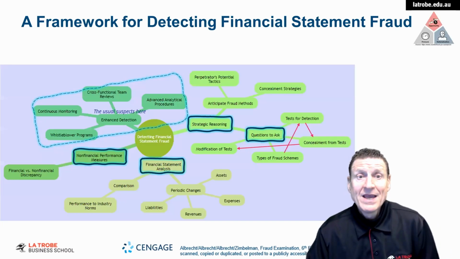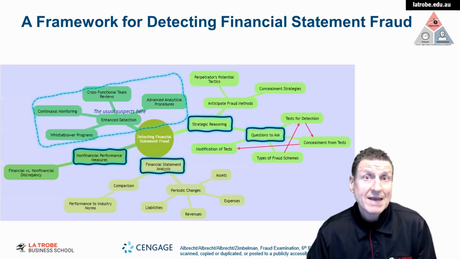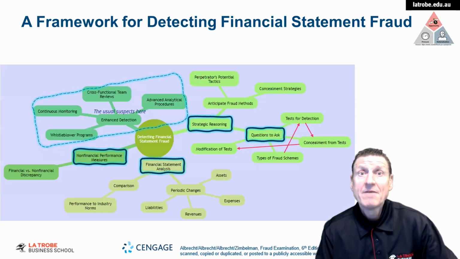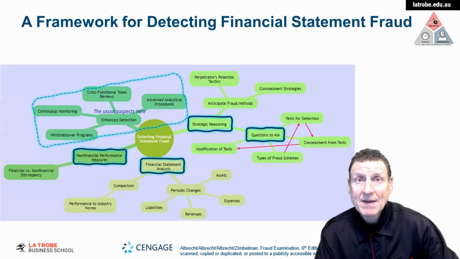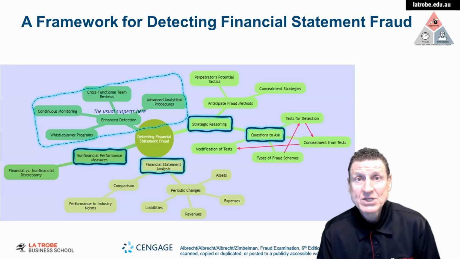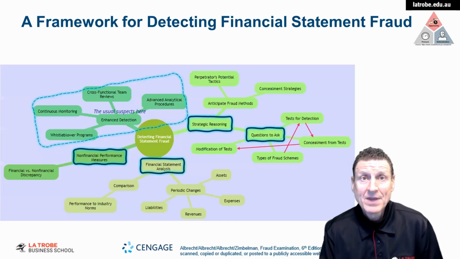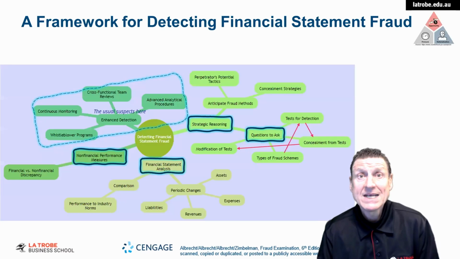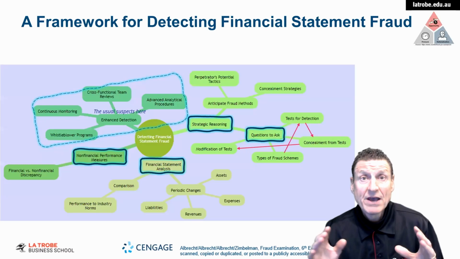Number 3, then that leaves us with undertaking financial statement analysis and looking at non-financial performance measures. And this is basically the content of chapter 12, chapter 13, where we're going to teach you what to look for in financial statements, how to uncover red flags in financial statements.